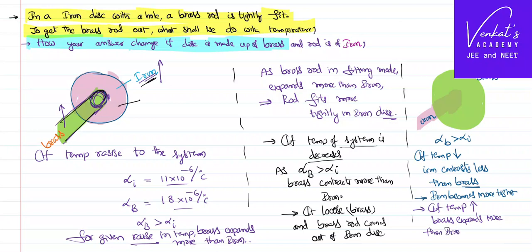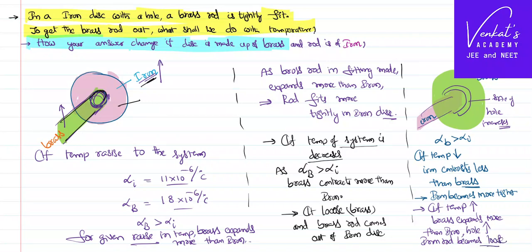As the brass expands more than iron, the size of the hole increases more than what iron has increased. So it becomes loose. As brass expands more than iron, hole size increases and the iron rod becomes loose.